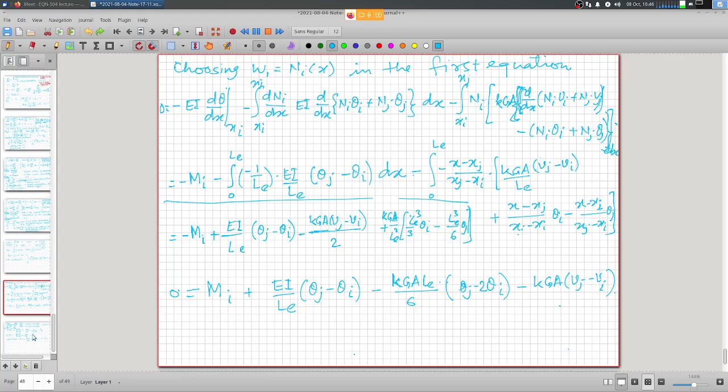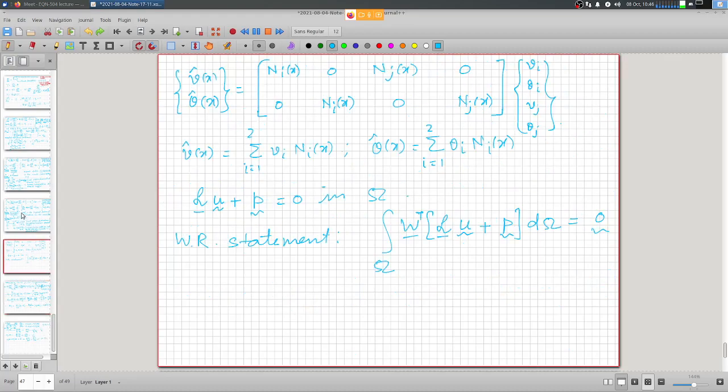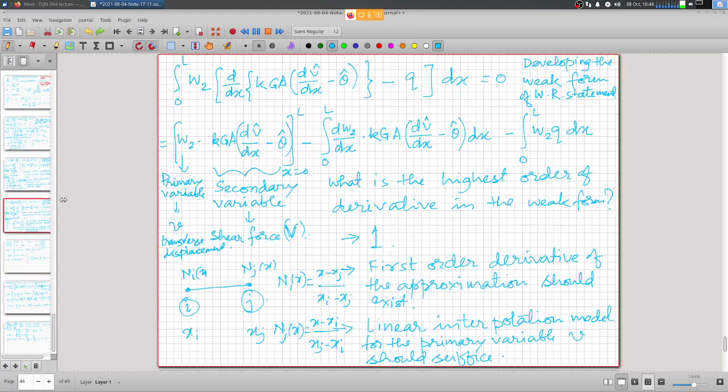Similarly, we will also get a similar set of equations by working with the second row of the equation, with the choice of W2 as Ni, which will give us one equation, and W2 as Nj, which will fetch us the second equation after we substitute the interpolated model for V hat and theta hat.